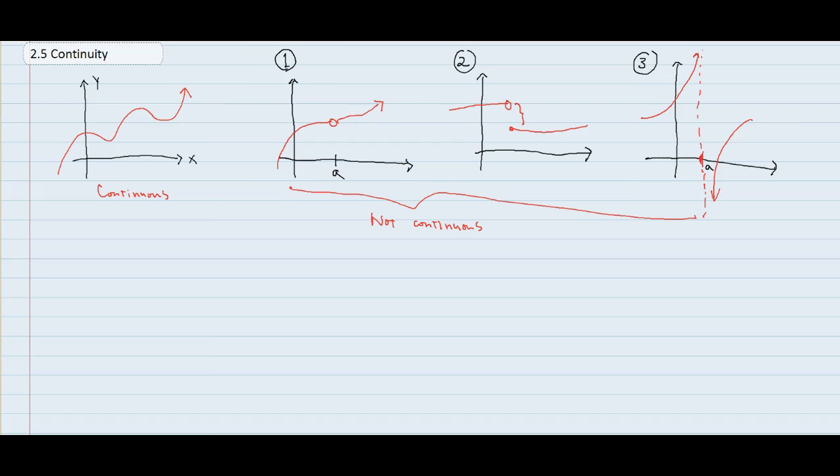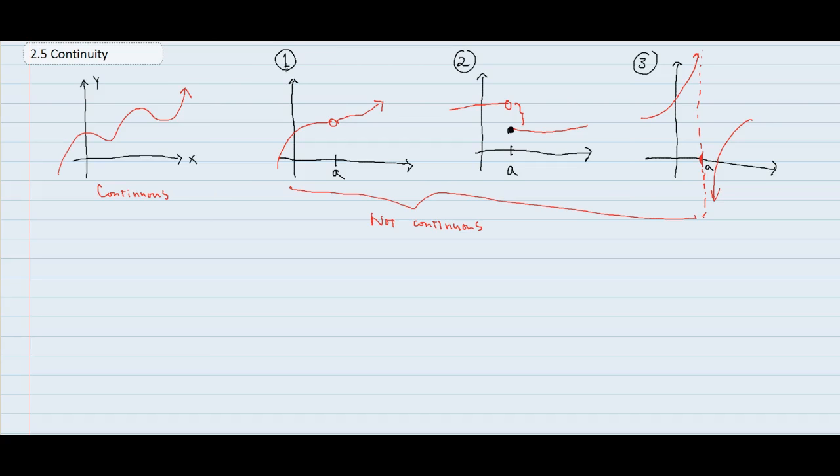Now number 2, this one is a little bit different, isn't it? Because say that this is x equals a. Do notice that condition number 1, f of a is defined, definitely defined because there is a point corresponding to that x value. But what this function does not satisfy is condition number 2, because the limiting value of this function, notice that going from the left, function value goes towards that hole there, but from the right it goes to that dot that I just drew.